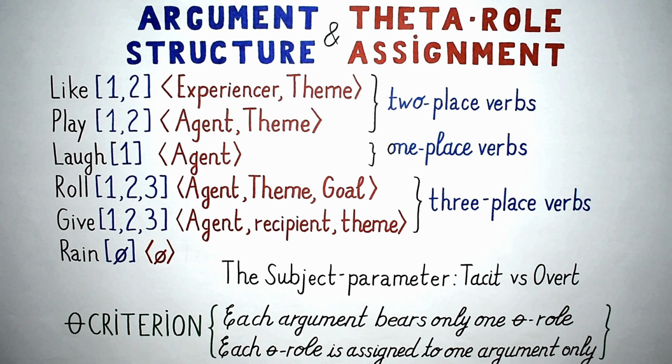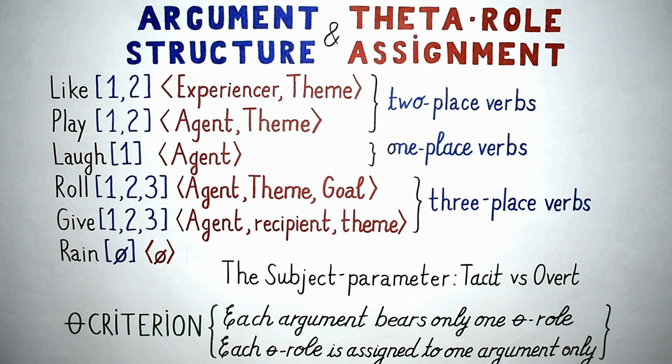That is, we can't have I theme, tennis theme, or we can't have I experiencer and tennis experiencer. That is, each theta role is assigned to one argument only, and I know that sounds all very obvious.